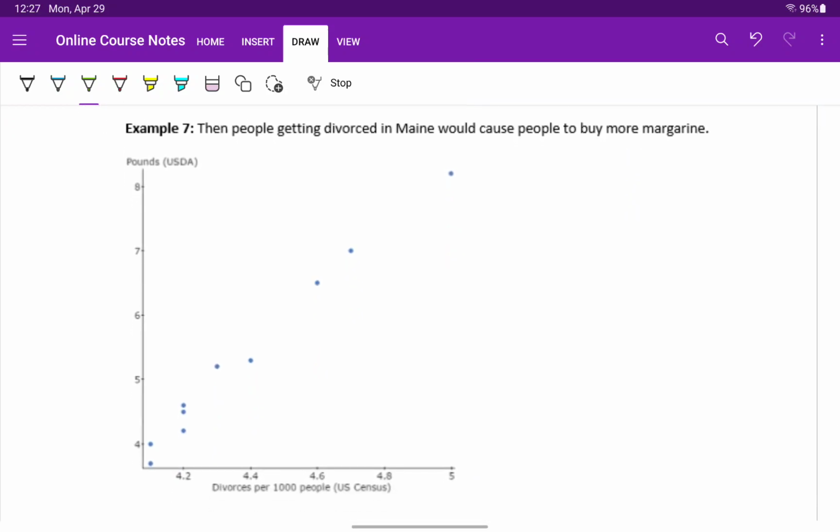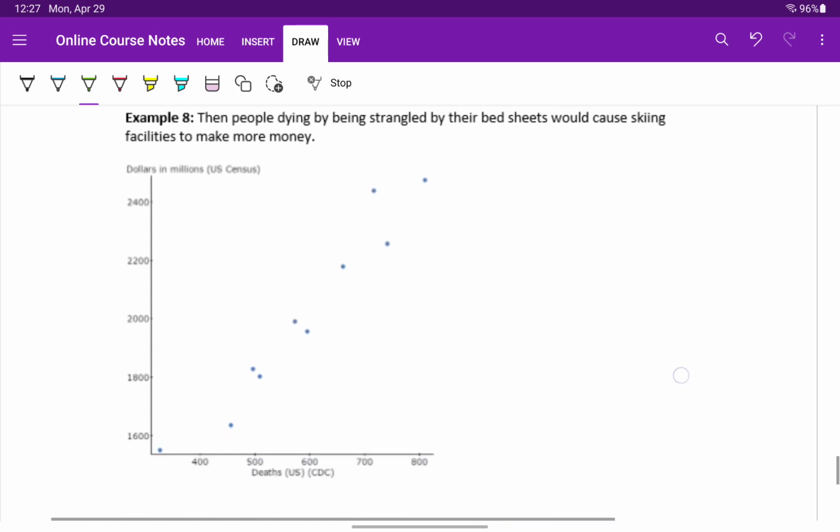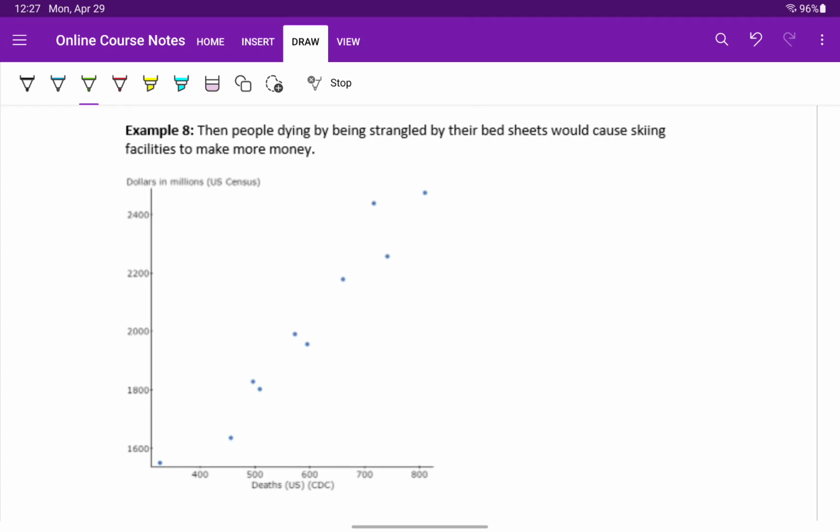In example 7, if correlations did imply causation, then people getting divorced in Maine would cause people to buy more margarine. In this case, an incredibly strong association, 0.9926. And on our last example, people dying by being strangled by their bed sheets would cause skiing facilities to make more money.